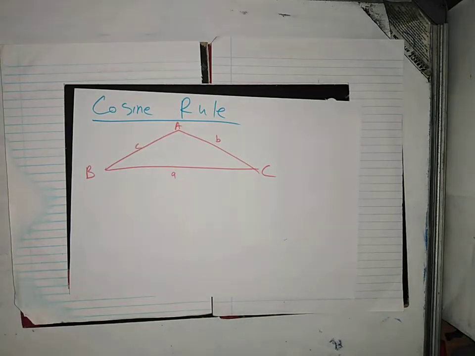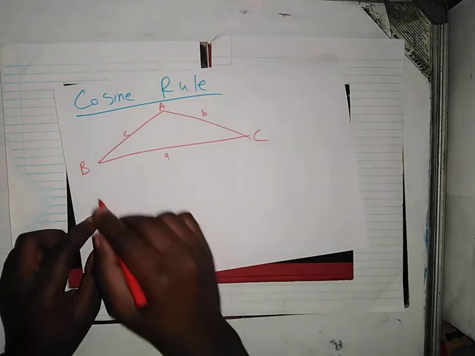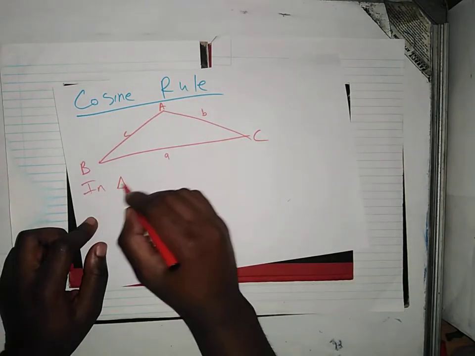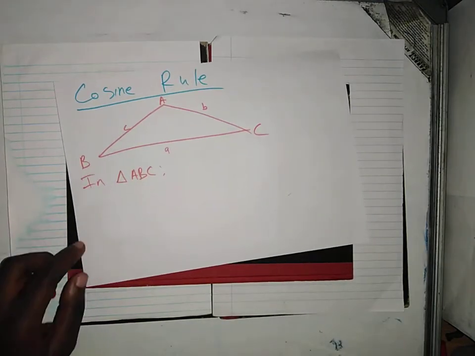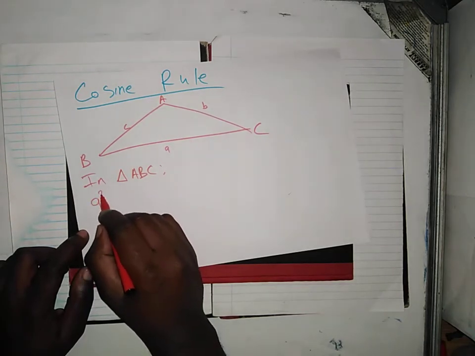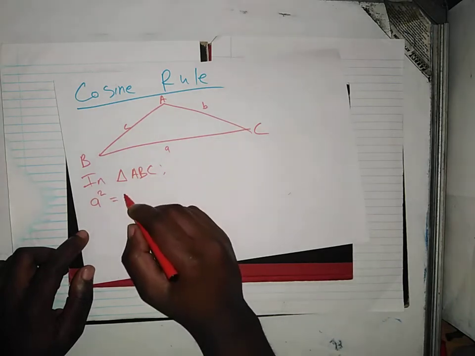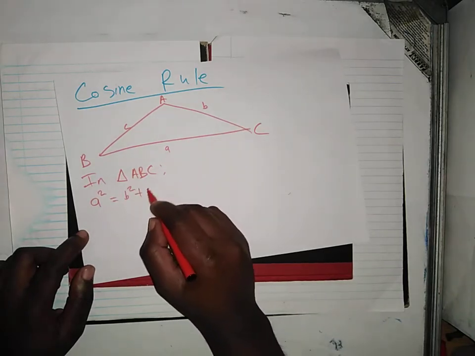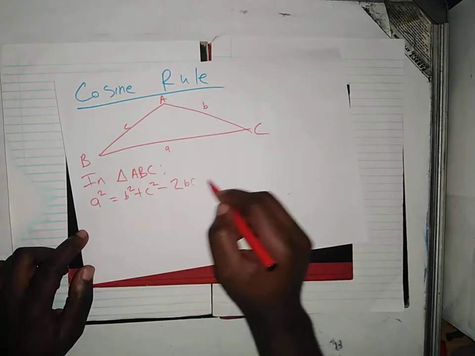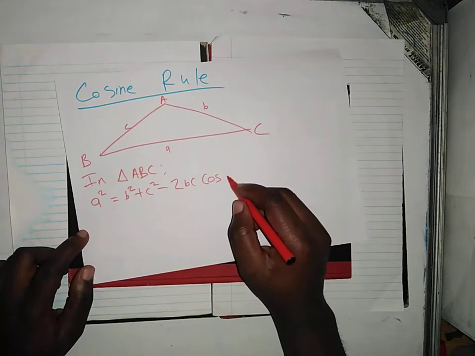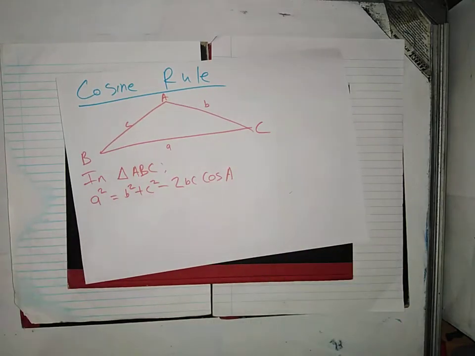Now, what does the cosine rule say? It says the following very simple thing: in triangle ABC, a squared equals b squared plus c squared minus 2bc cos A. Remember, I'm just going to write it on the side.